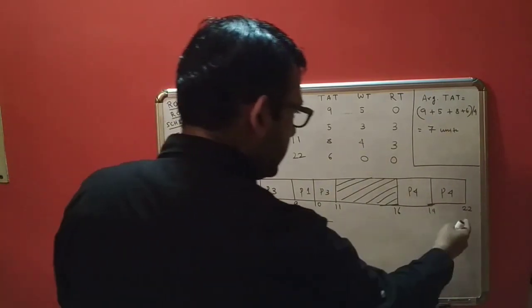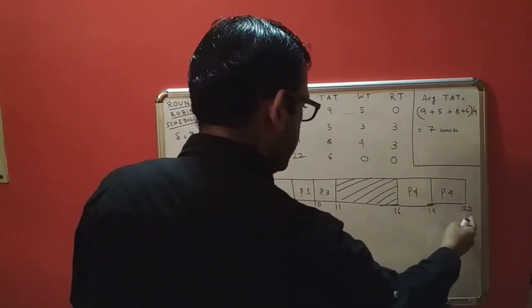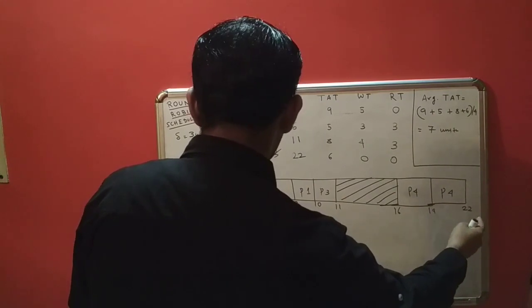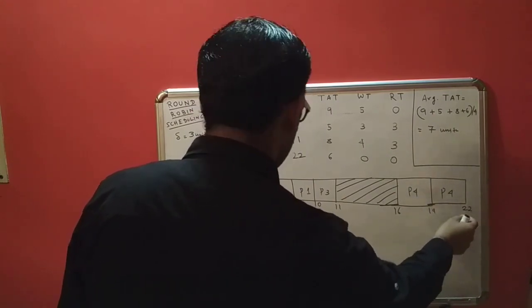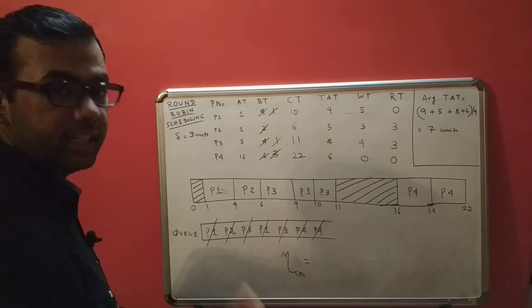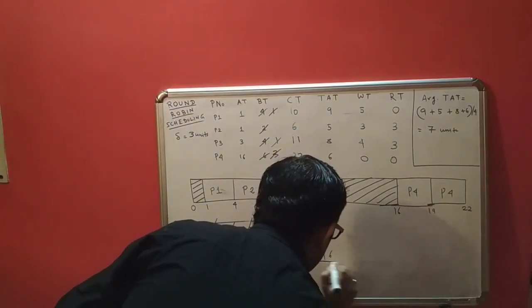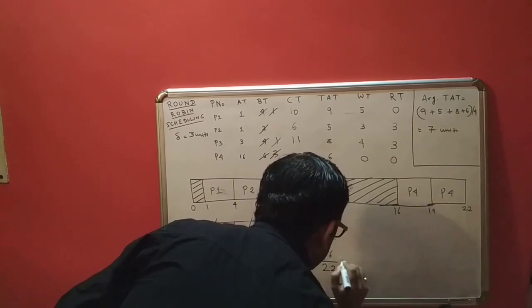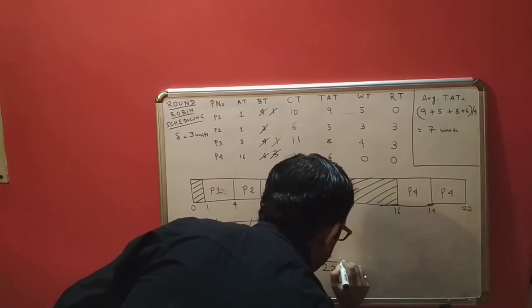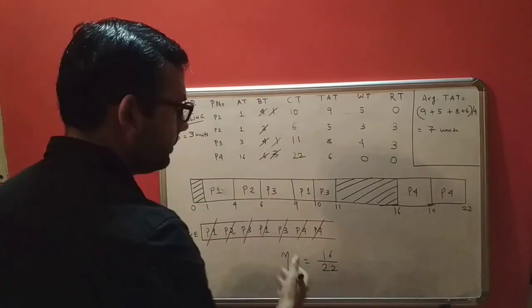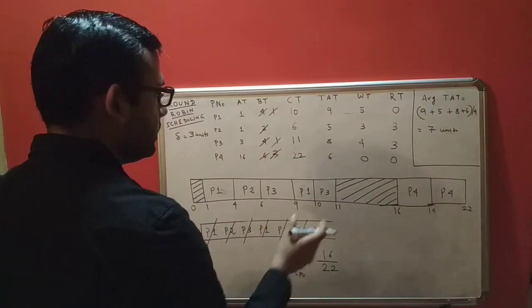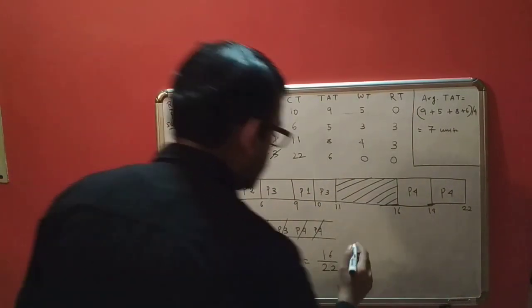And the total unit of time that the CPU has been executing for is 22. So 22 minus 6 will give me 16. So for 16 units of time, the CPU was working. So it was active. And for the remaining 6 units, it was idle. So there lies the inefficiency of the CPU.